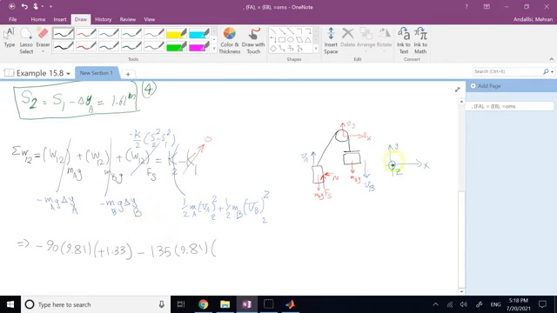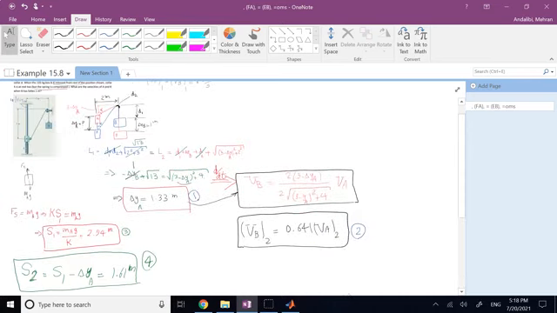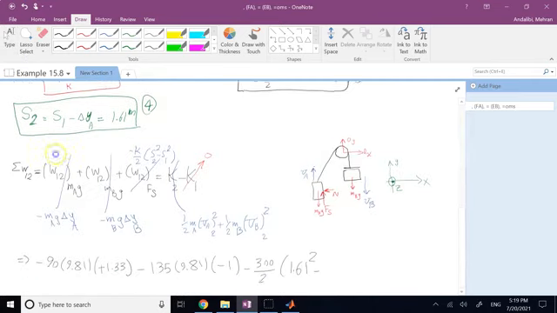When it goes down and Y is upward, it means it's -1. The spring force is 300, K is 300, S2, we calculated it, it is 1.61 squared. Initial one is 2.94.